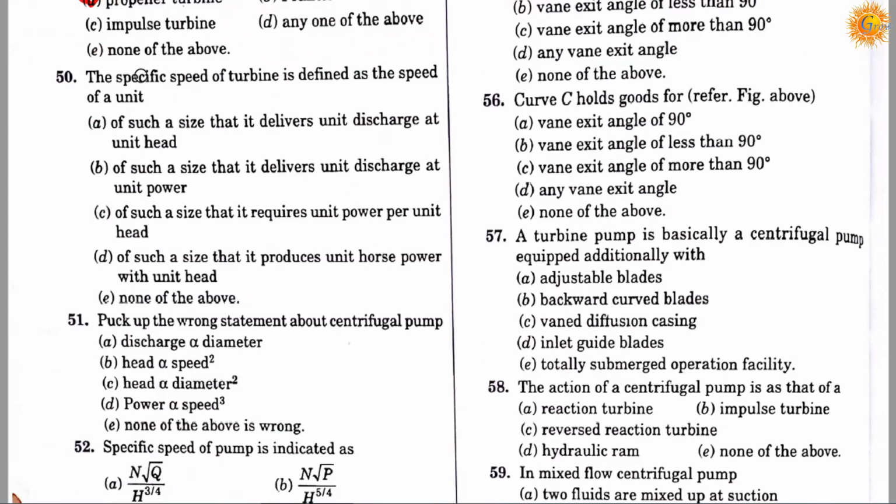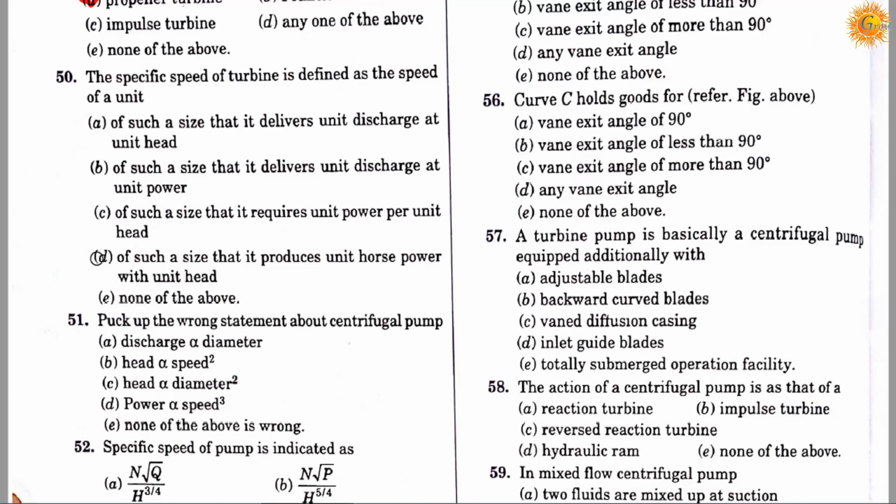Question number 50. The specific speed of a turbine is defined as the speed of a unit, option A, of such a size that it delivers unit discharge at unit head, option B, of such size that it delivers unit discharge at unit power, option C, of such a size that it requires unit power per unit head, option D, of such a size that it produces unit horsepower with unit head, and option E is none of the above.